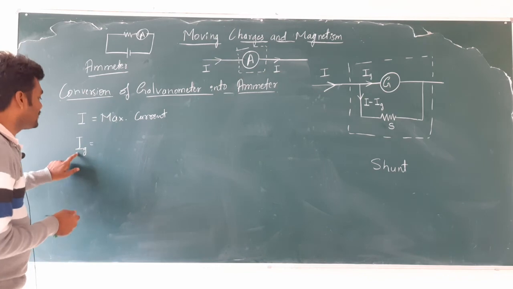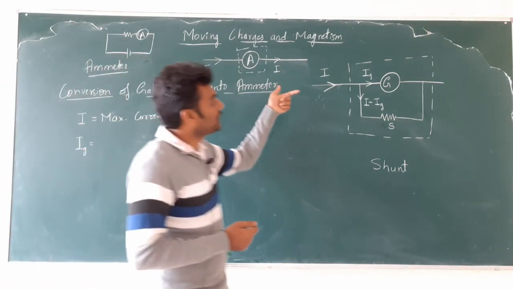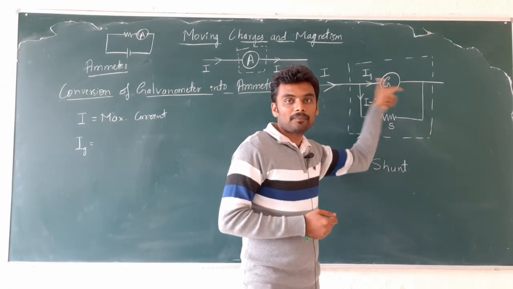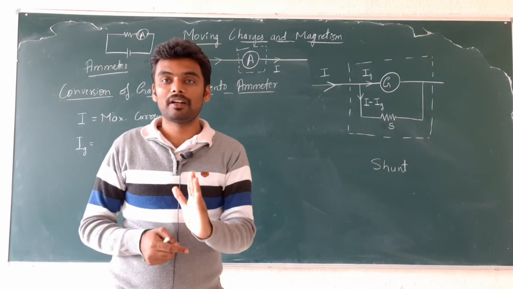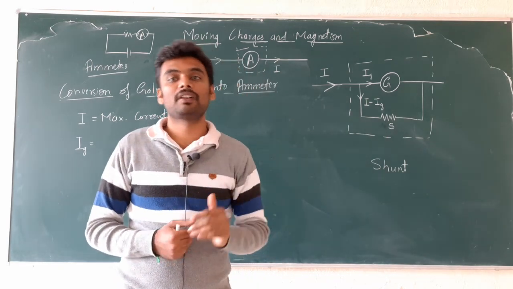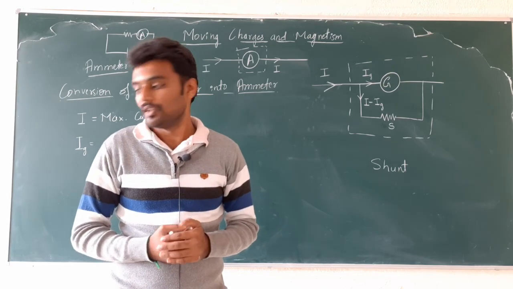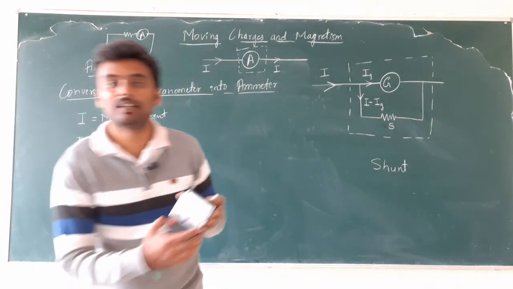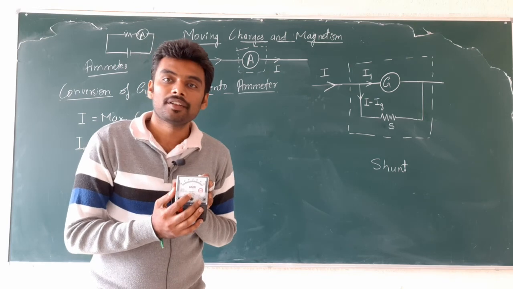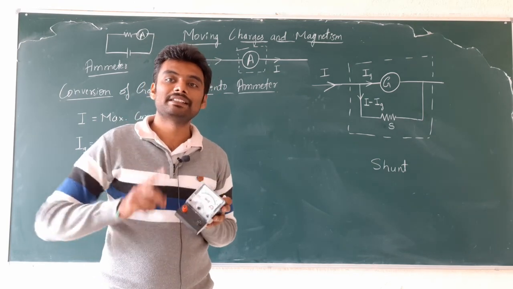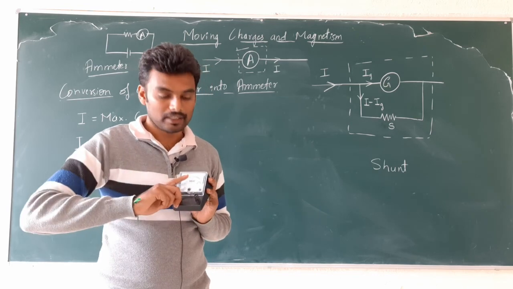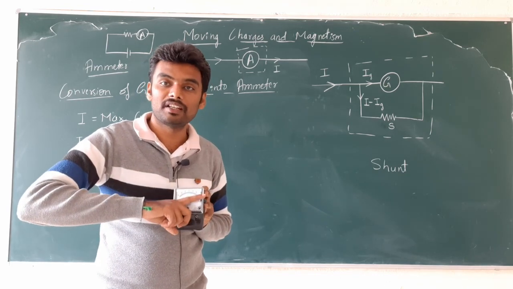Then what is Ig? Ig is the current which will flow through the galvanometer. So Ig is the maximum current required for the full scale deflection of galvanometer. So for this particular galvanometer, Ig is 0.6 milliampere, isn't it? Because Ig is the current for which the galvanometer shows full scale deflection.